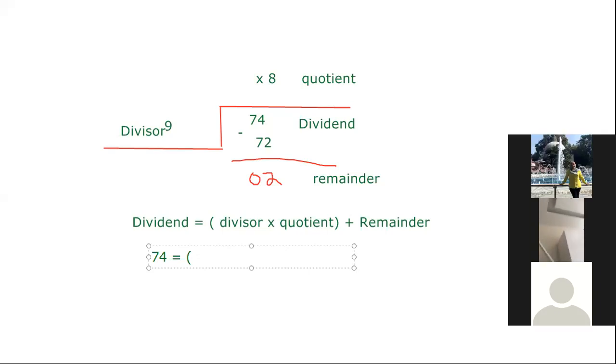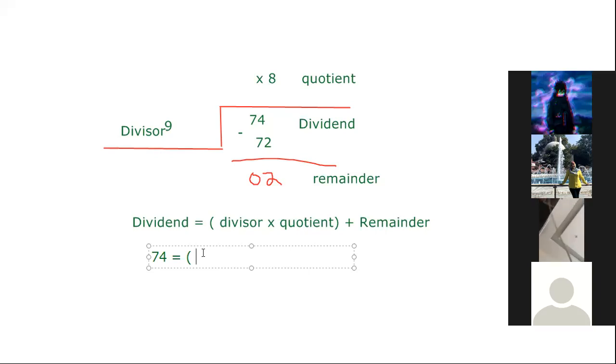Amir, what's the divisor? Yalla Amir, what's the divisor? Divisor. 7 times 9.